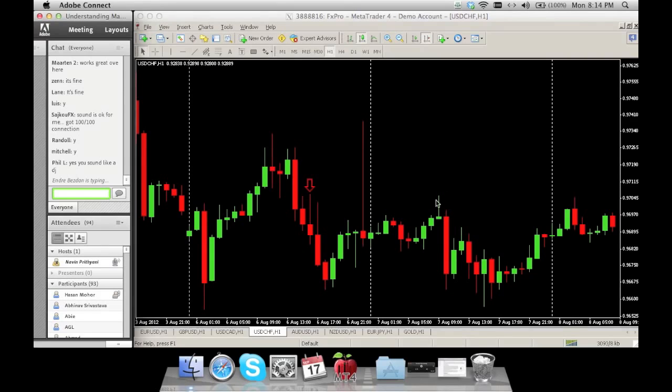Is the candle bigger than the last candle? Yes. Do we have a trend? Yes. Is the tail significant? Yes. These are all indications. You see, the market is trying to go north, but this tail indicates there's a lot of selling pressure.